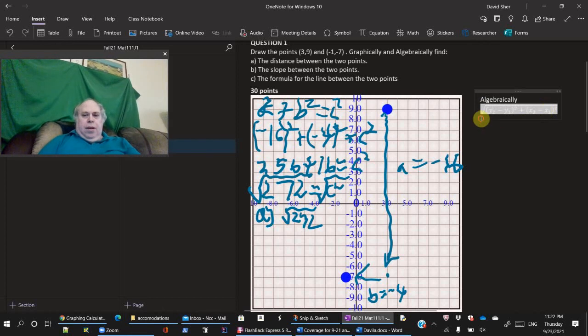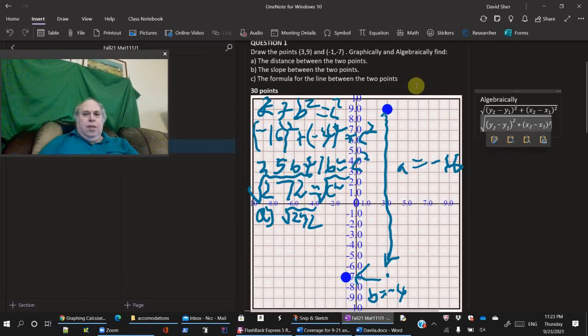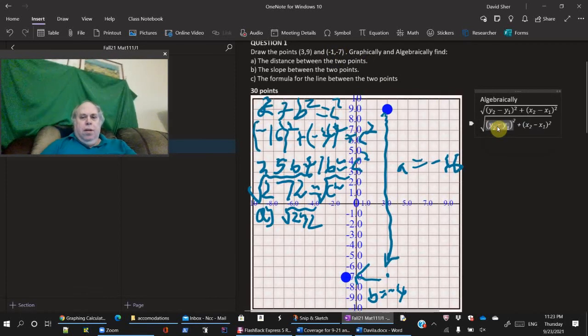And what I'm going to do is plug in the numbers. It's going to come out very similar to the graphical approach because it's the same problem. We're going to replace y2 with -7, since that's the second y. Instead of y1, I'm going to put in 9.